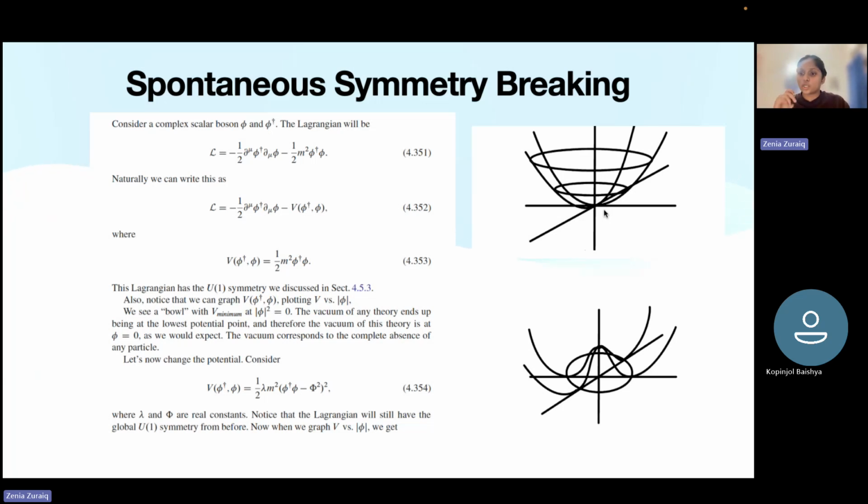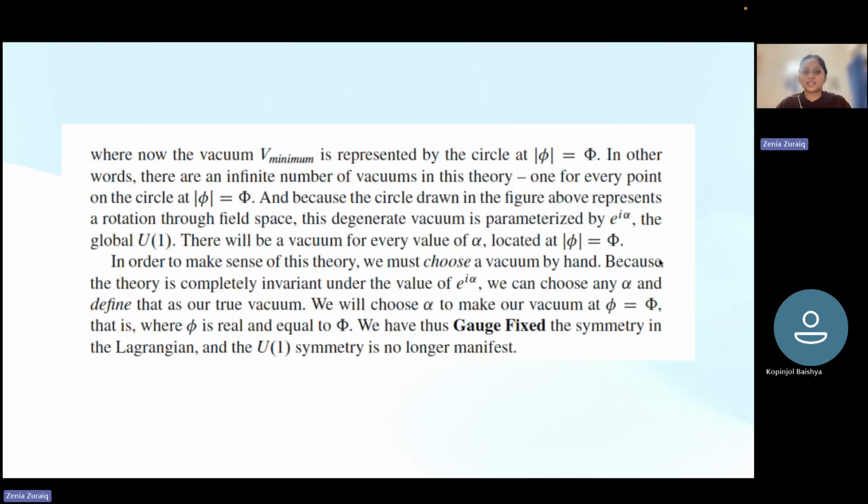So this is the concept of spontaneous symmetry breaking. This tells us that we have to choose a vacuum by hand. And how does the pencil choose which vacuum to go to? That is not there in our Lagrangian.